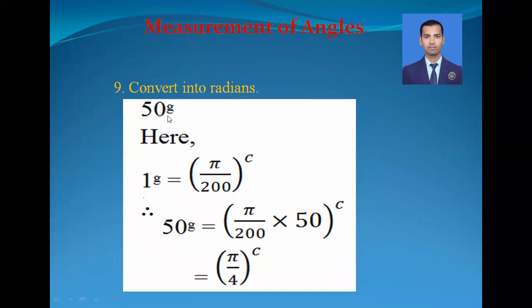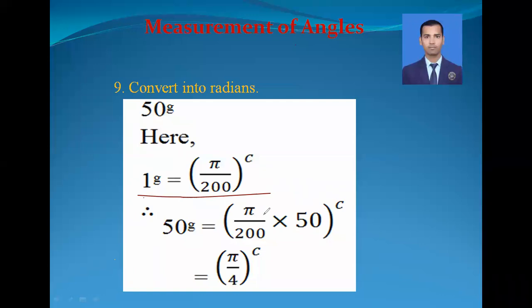So first, we have grade into radian measurement. 50 grade is given here. We should follow the same relation, that 1 grade is equal to pi by 200 radian. Therefore 50 grade is equal to what?